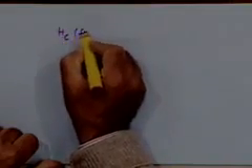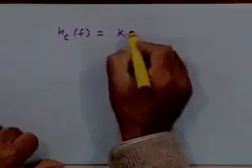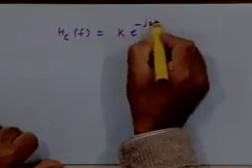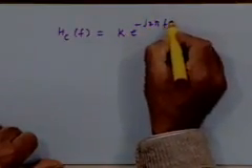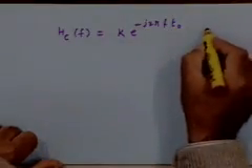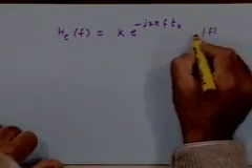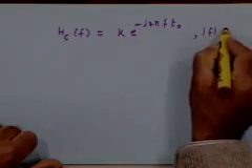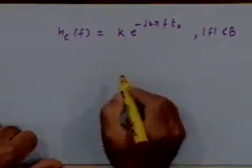So we could then say that the ideal channel transfer function, instead of qualifying unconditionally, this being equal to K e^(-j2πf t0), we will say that this should be so for mod of f less than b.